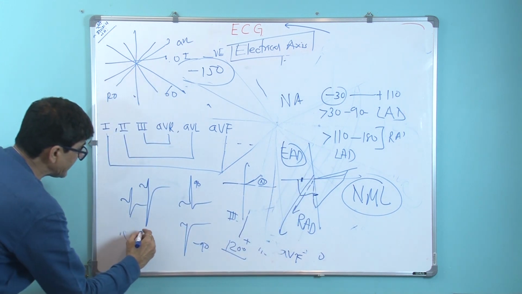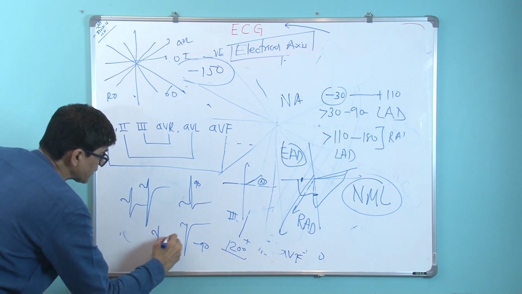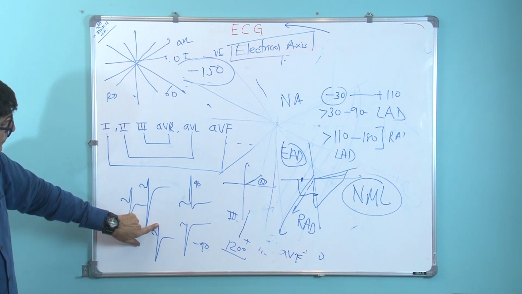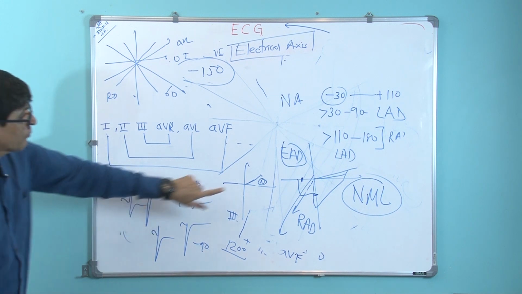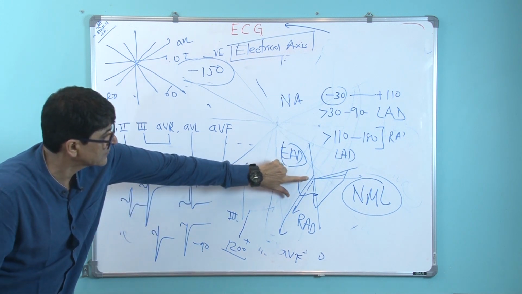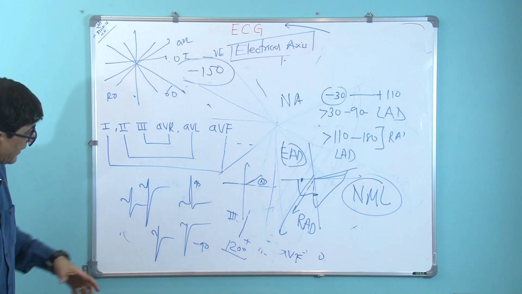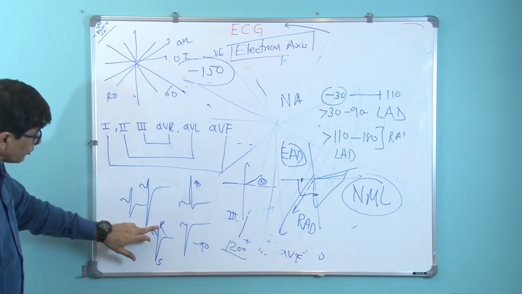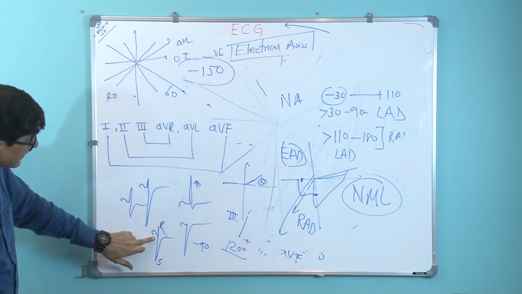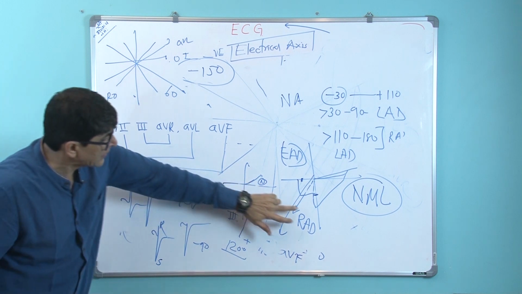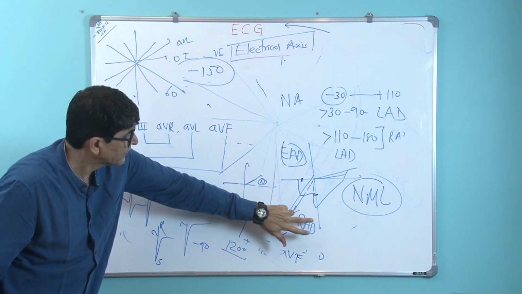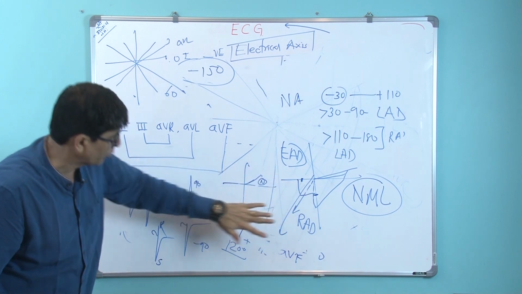Generally in right axis you will always find the S wave bigger than the R wave in lead 1, because it travels to this side of lead 1. This is S, this is R. So lead 1 negative means it mostly may come here, in the right inferior zone, that's all.